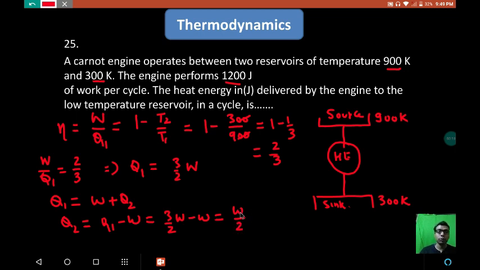We are given that the engine performs 1200 joules, so we put the values and we get 600 joules. So 600 joules is the correct answer.